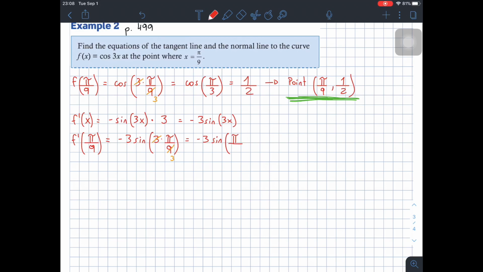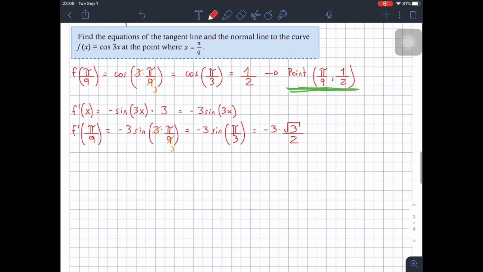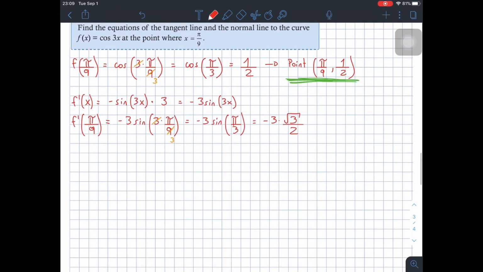And if you remember from the left-hand rule, pi over 3 is 60 degrees. So sine of 60 degrees gives us, and this is a negative 3 from here, and the sine of 60 degrees is square root of 3 over 2. Okay, so this value, let me write it like this.